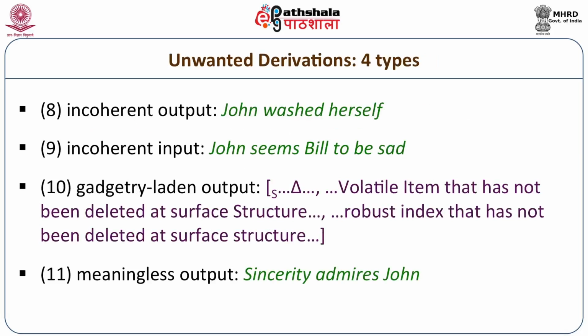Now that we are going into the details of how these conventions work and how they make sure that some derivations crash whereas other derivations are successful, it is time to survey the class of examples that such a convention is designed for.